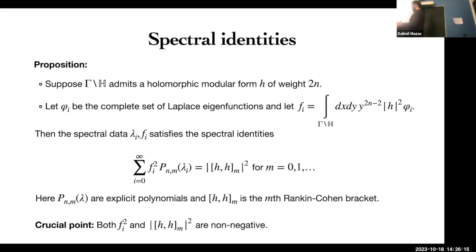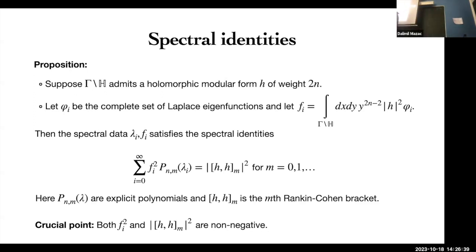Then what I've explained is that this set of data satisfies a nice infinite set of identities, which look like this. It's a sum over Laplace eigenfunctions with positive coefficients, some polynomial, equal to some positive number. So there's a lot of positivity. And by the way, this right-hand side is called the Rankin-Cohen bracket, which you can build out of modular forms.